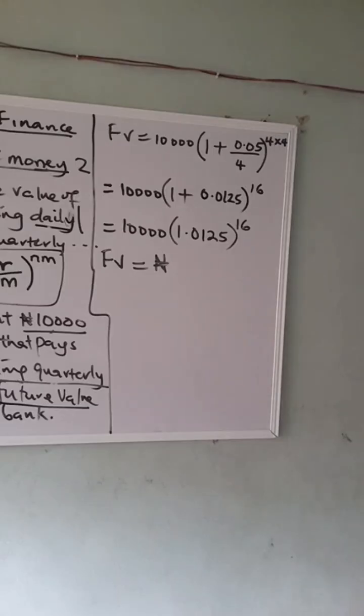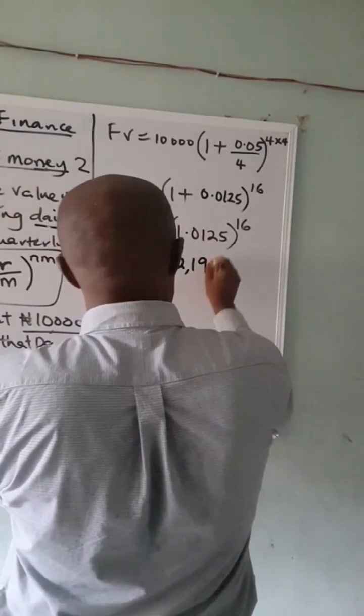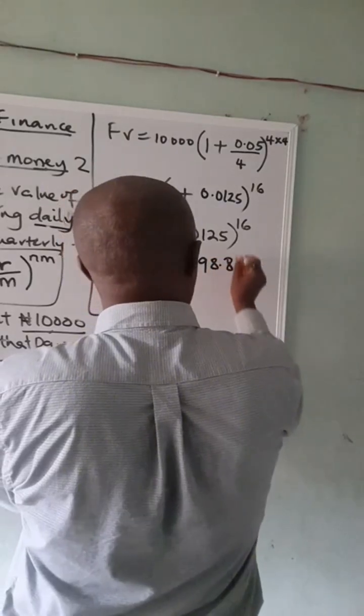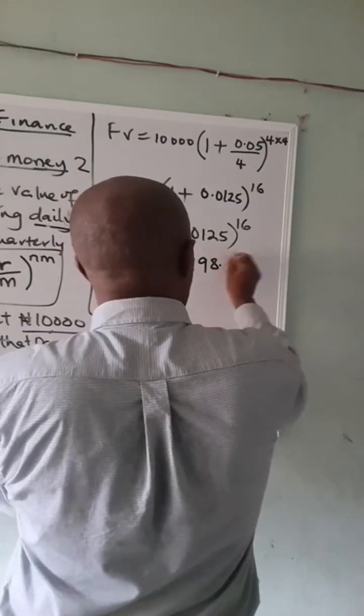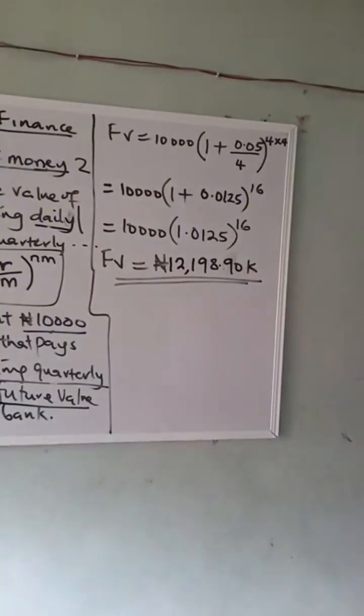And the result will be 12,198.90 kobo. And that will be the result of that problem.